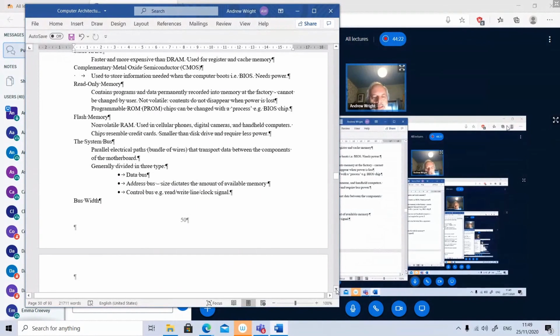Flash memory is now the new kid on the block, as it were. All the magnetic storage is gone, is going or gone. Hard drives are the last one there. Hard drives are still used because you can store vast amounts of data on them, even more than flash memory, and they're not so expensive anyway.